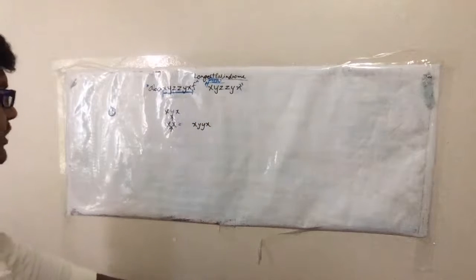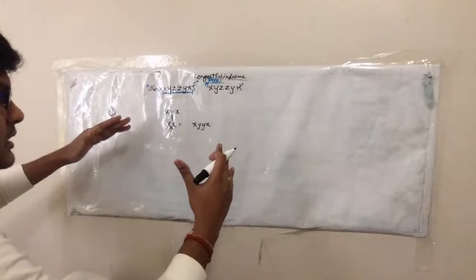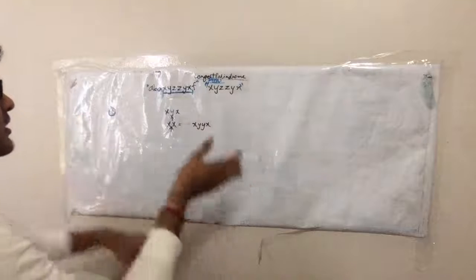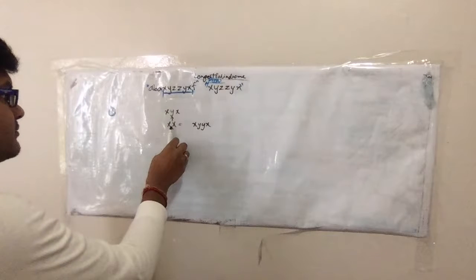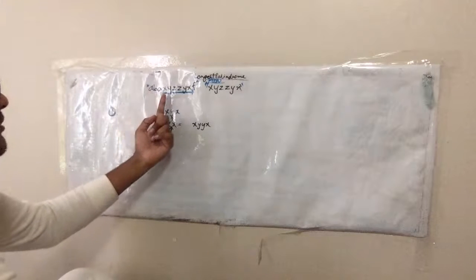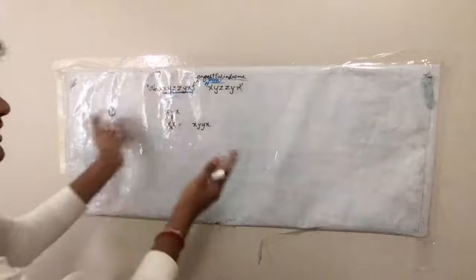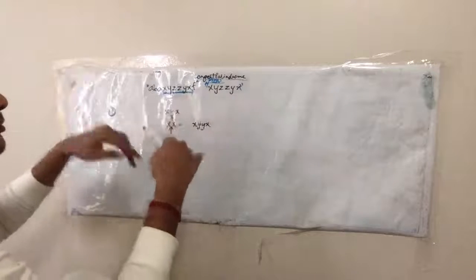So what I mean is, instead of going with pointers at the ends, start with a pointer at the middle. Take a pointer at, say, for example, this element, and check on the left and right, instead of coming from left and right to the middle.